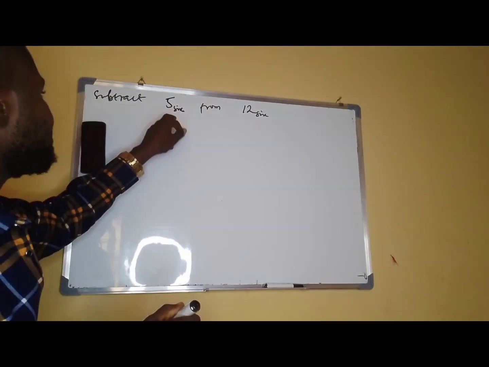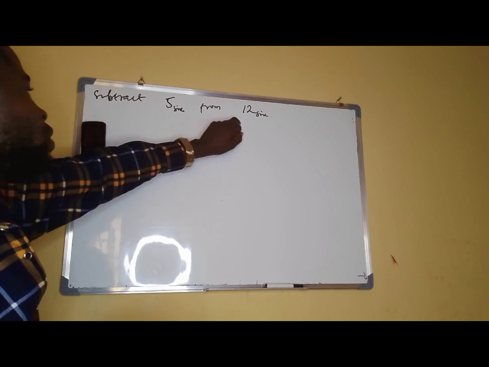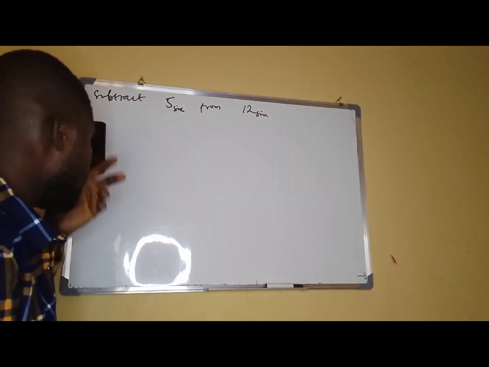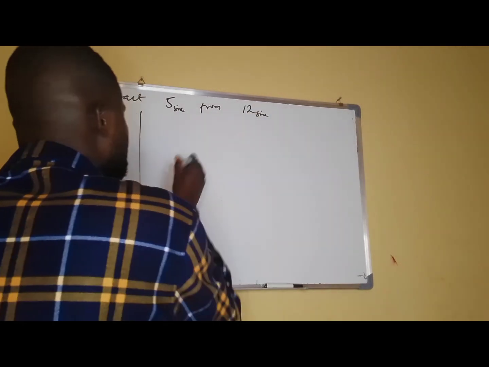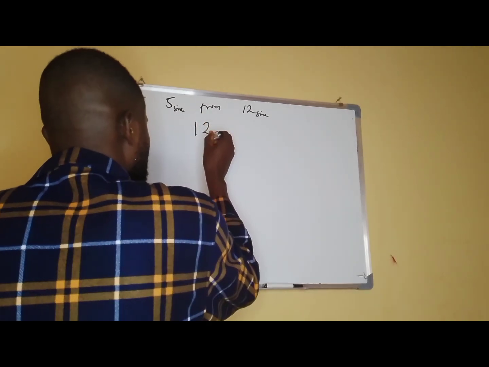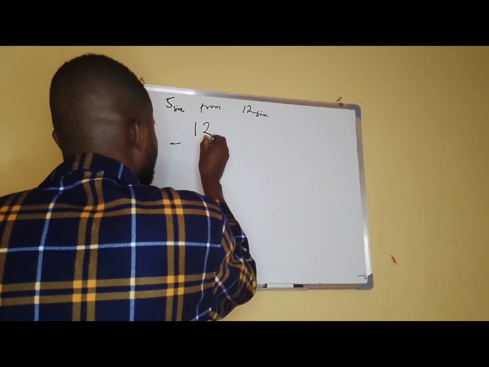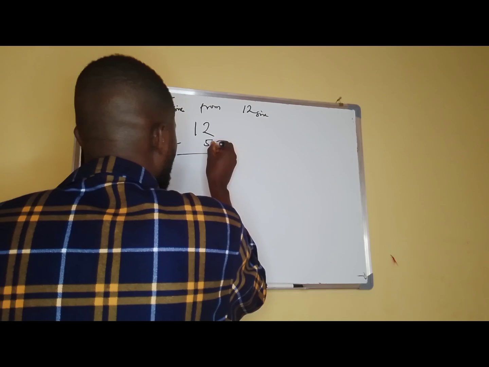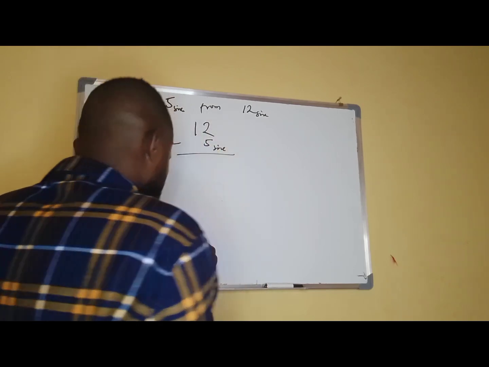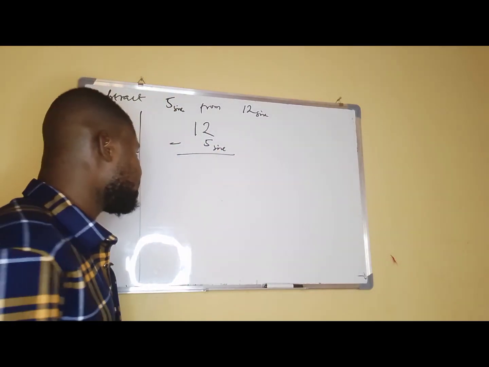You are subtracting 5 base 6 from 12 base 6. What will you do? Say 12 minus 5, and this is base 6, to give 7.